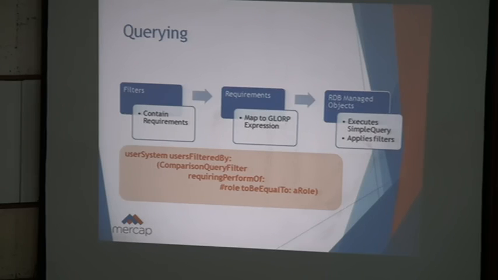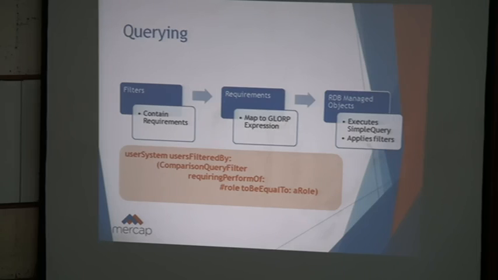To represent that, we implemented query filters. Query filters technically represent a where clause in a SQL select. It contains requirements, meaning the Boolean operations of the things you need the object to conform to be in the response of the query.